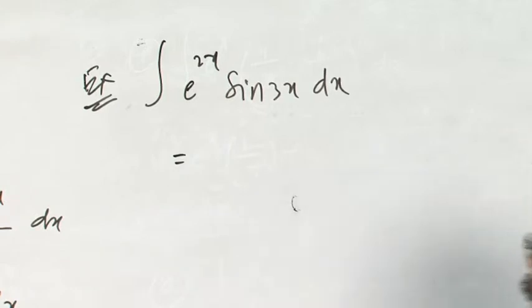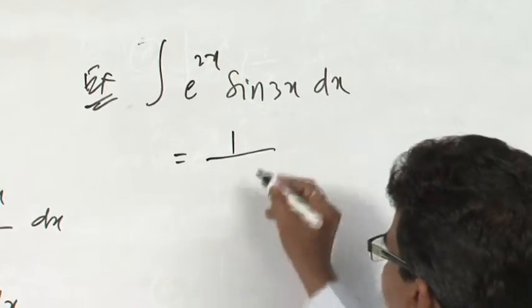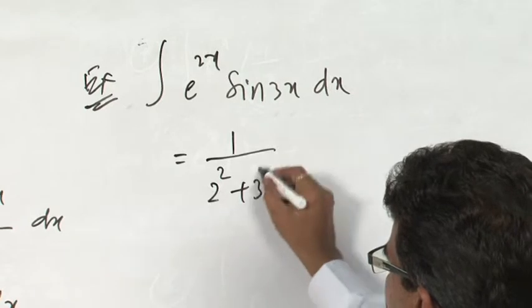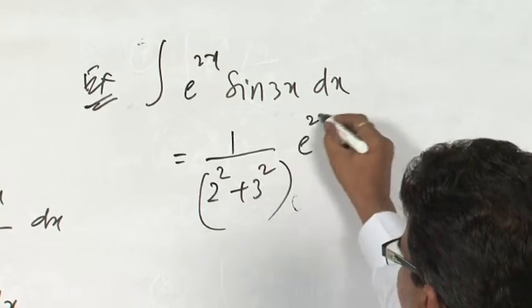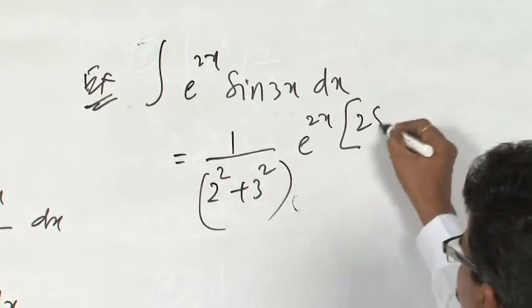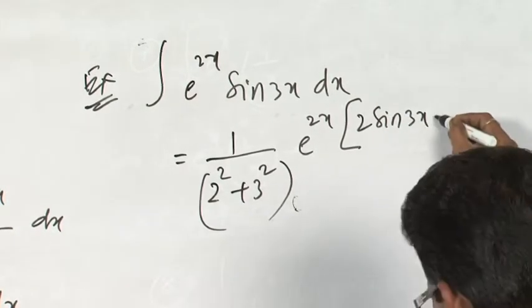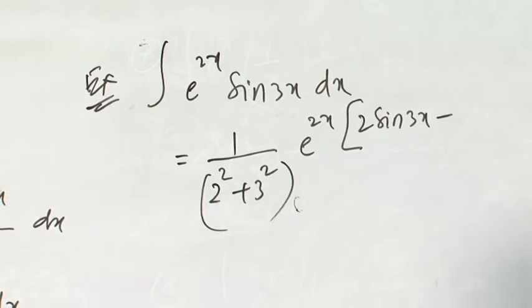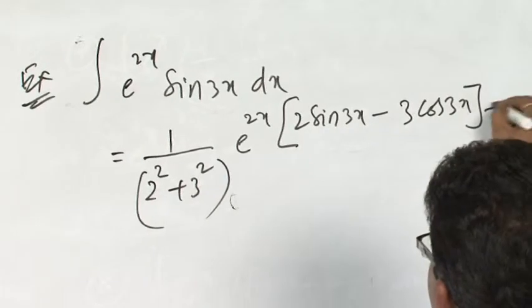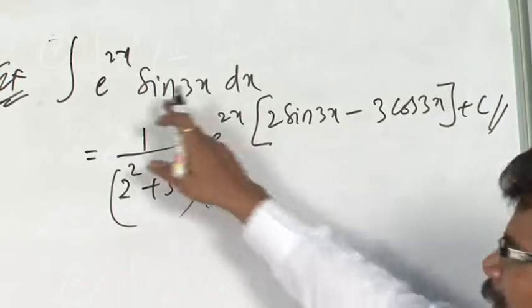Tell me what is the answer for this question, integral e power 2x sin 3x dx: 1 by a square plus b square, that is 2 square plus 3 square, e power 2x, a sin bx means 2 sin 3x, minus b cos bx means 3 cos 3x, plus c.